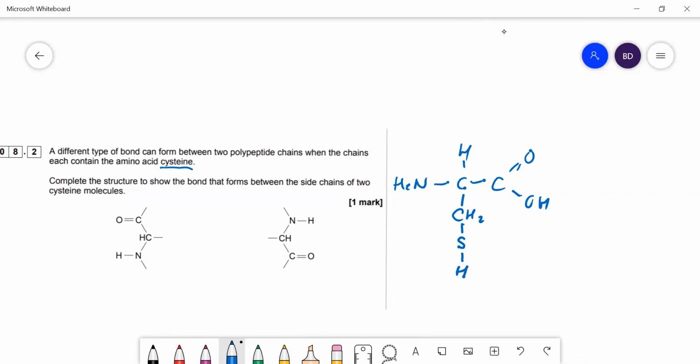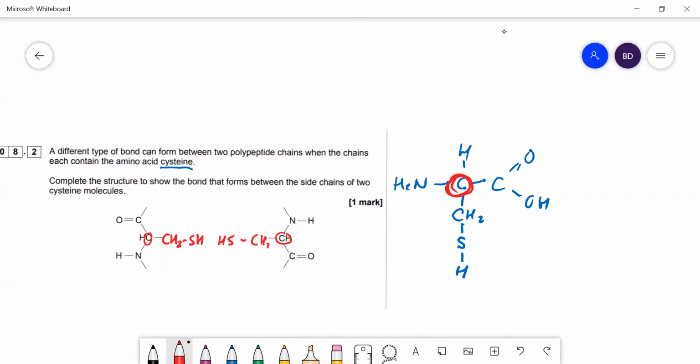This is this carbon here on the cysteine, and so you have the R group, you're going to have CH2SH. You've got the same on this one. This is this carbon again here, so you're going to have CH2SH.